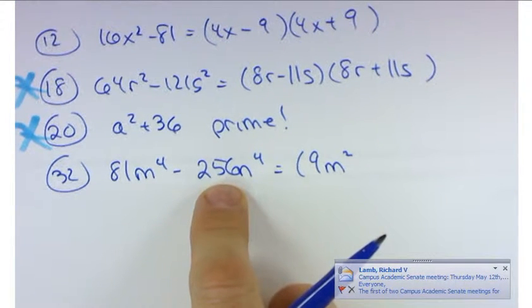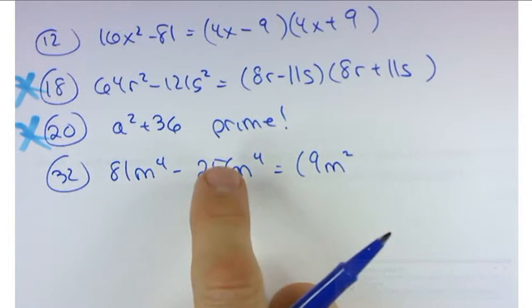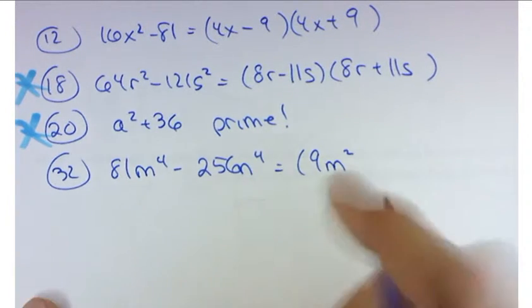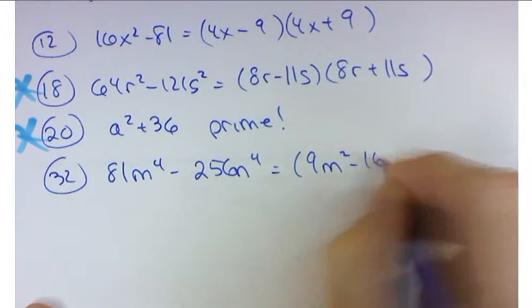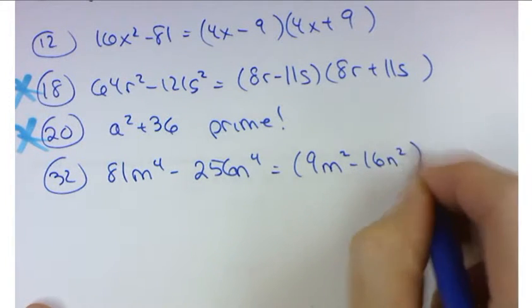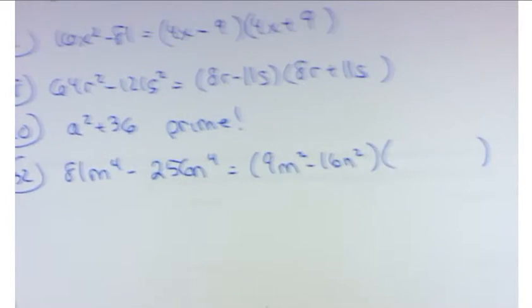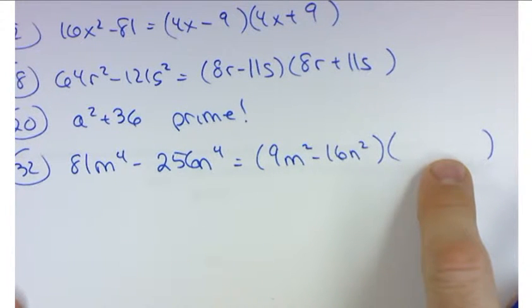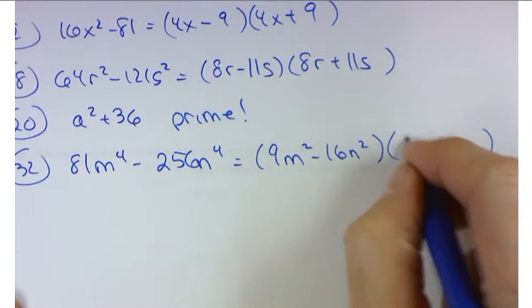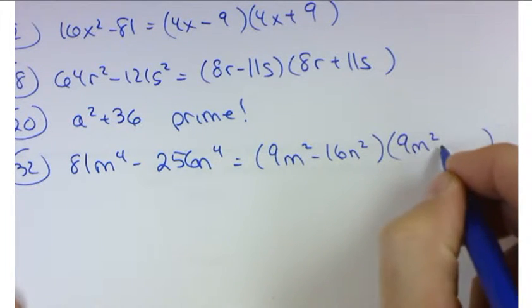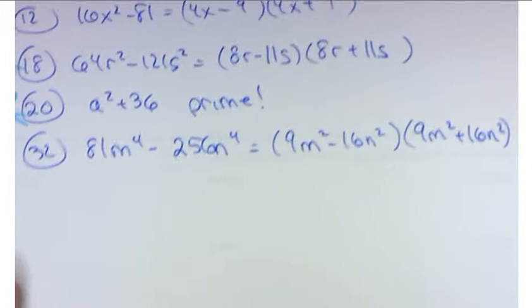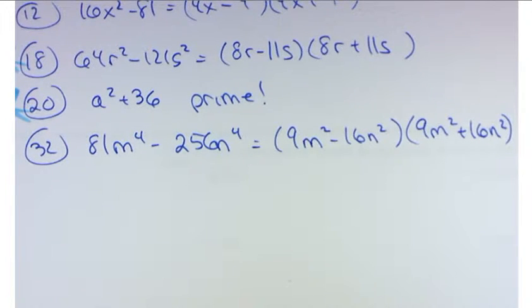Not many of us have it memorized, but on the left-hand side board, what do you see you square to get 256? 16. So minus 16 n squared. What's the rest of this finish up as? 9m squared plus 16n squared. Great. On a test, if you left it here, you'd get 2 points out of 4.